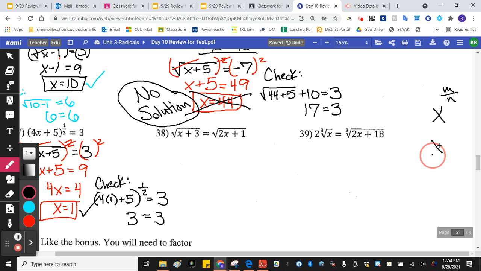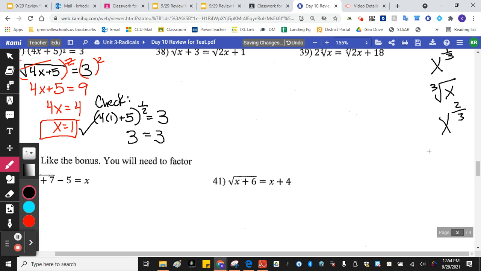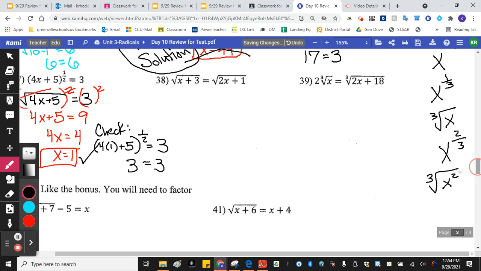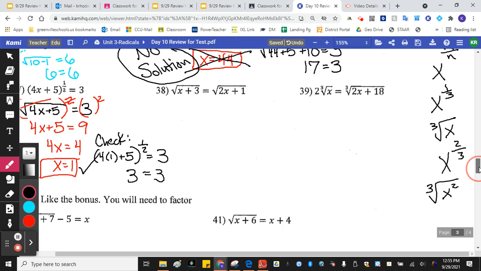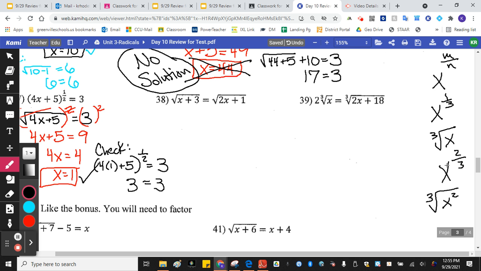So if it was x to the 1/3, that's the cube root of x. X to the 2/3 is, the bottom is your radical, the cube root of x squared. So the bottom is your radical, the top is your power. And that's basically what the whole front page deals with, which is why I think the front page is the hardest page of this whole thing.